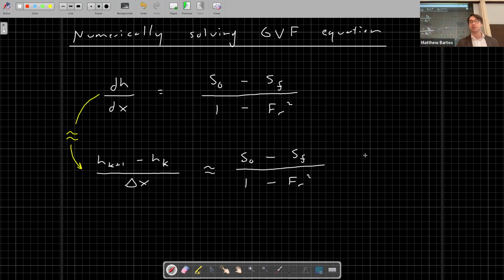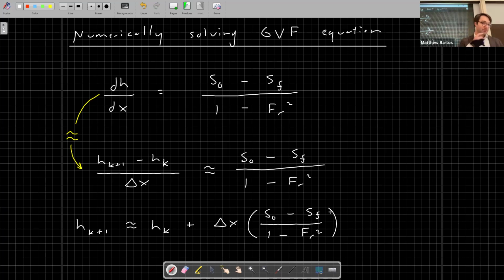So let's take this expression, multiply both sides by delta x, and then add h_k to both sides, and we'll get the following recurrence relation. h_{k+1}, the depth at the next increment, is approximately equal to h_k, the depth at the current increment, plus delta x times quantity S_0 minus S_f, divided by 1 minus the Froude number squared.